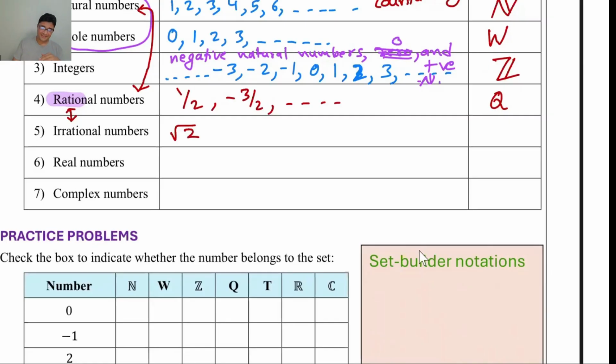Now, why are they different? Why can I not write square root of 2 as one of the fractions? Again, another topic for you to study. Very interesting topic. Okay. But it can be proved that for square root of 2, there is no way you can make it into a fraction. Okay. And these will be called irrational numbers. That is just one example.